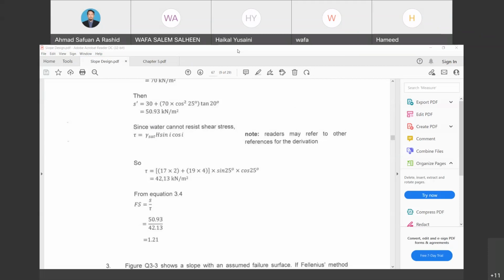Or where the groundwater level is on the surface, we also can use the simplified approach. So I guess that is for the infinite slope.